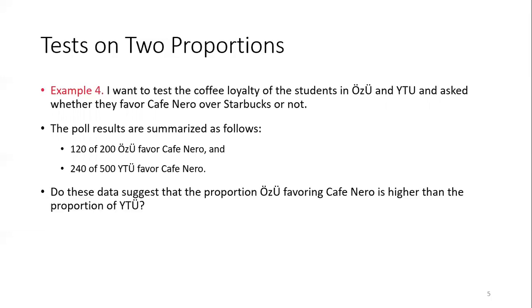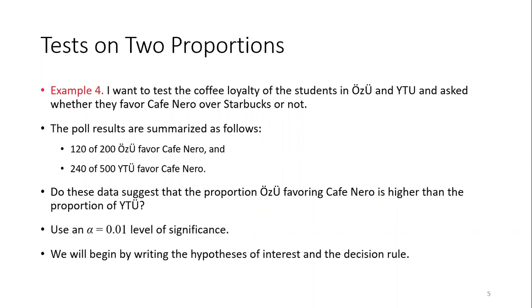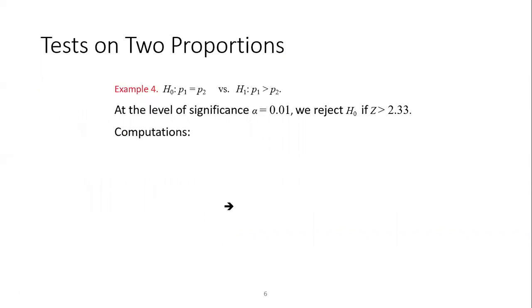Do these data suggest that the proportion of Özyeğin students favoring Cafe Nero is higher than the proportion of Yıldız Technical University? Use a 0.01 level of significance.